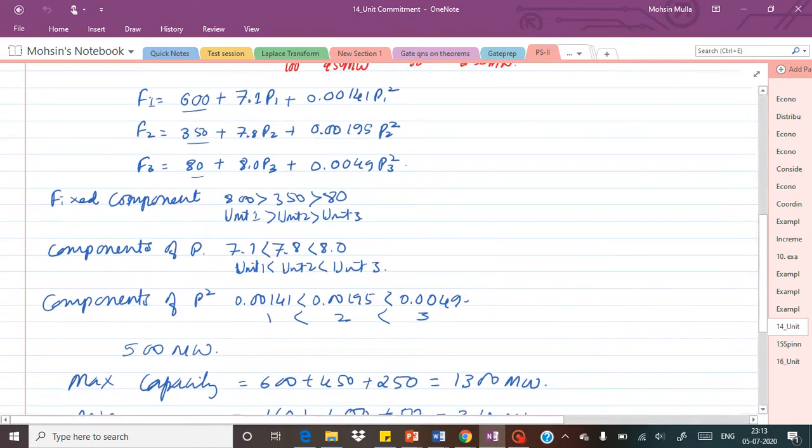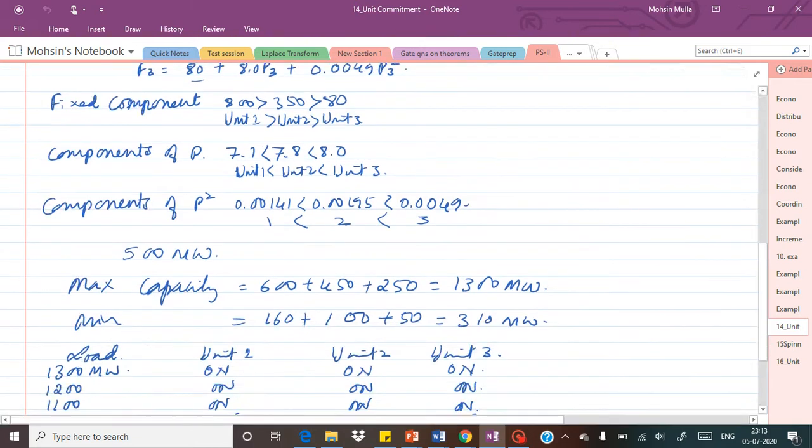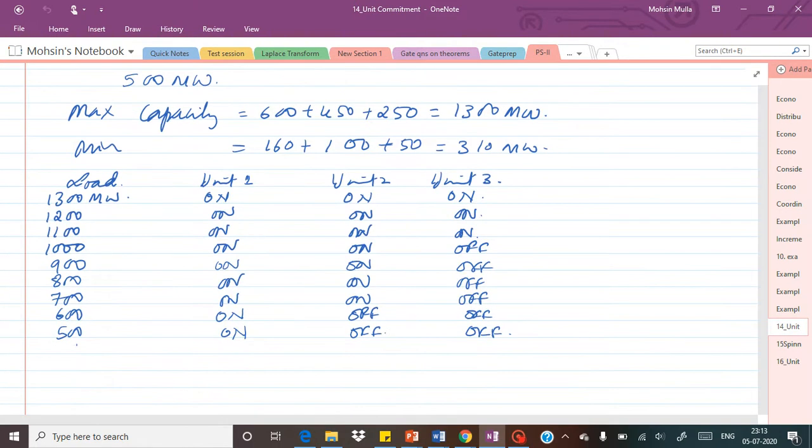We determined that for the highest load all three units will be turned on, and when the load decreases considerably, say below 800, only units 1 and 2 are operated and unit 3 is shut off.